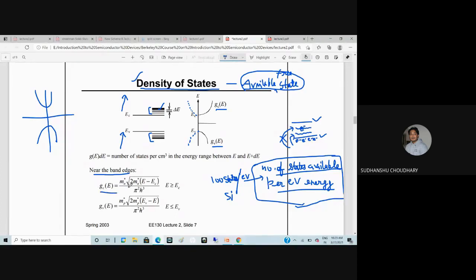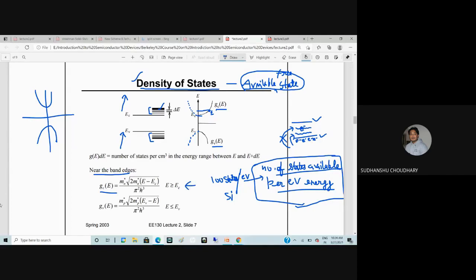For example, let us say I am trying to find it at this energy level E. The density of states at energy level E in the conduction band is given by GC(E) = Mn* square root of 2Mn*(E − EC) divided by π²ħ³, where E is greater than EC. EC lies over here, so E is greater than EC.